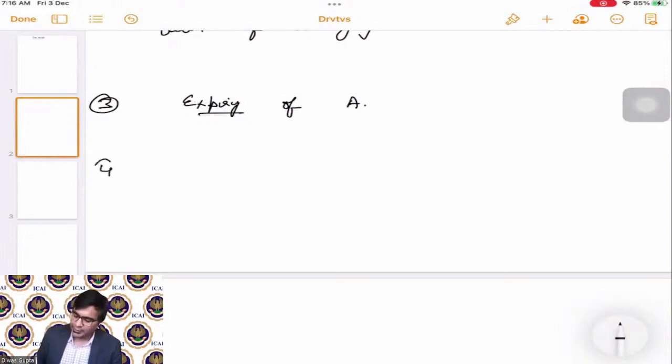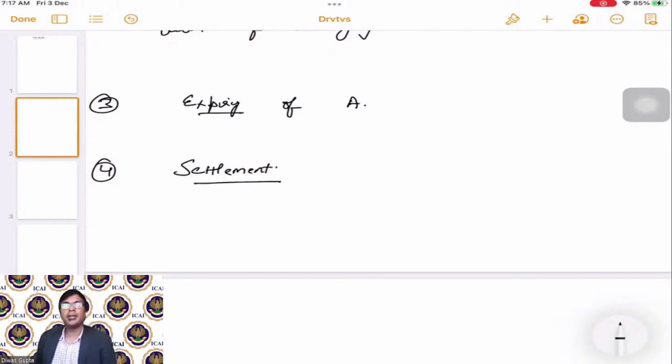Then fourth point: since there is an expiry, what will happen after expiry? After expiry, settlement will happen. So these are some of the common features I'm saying for a derivative instrument.